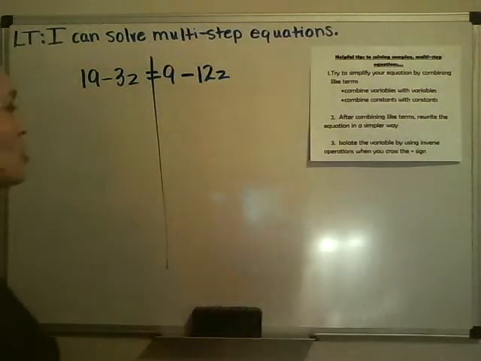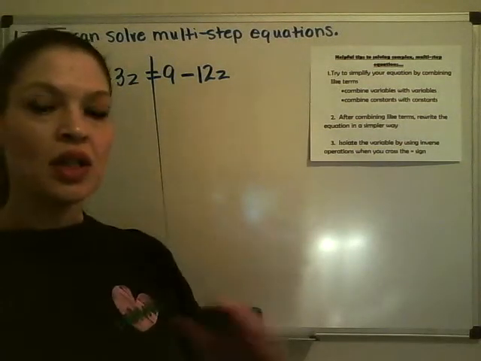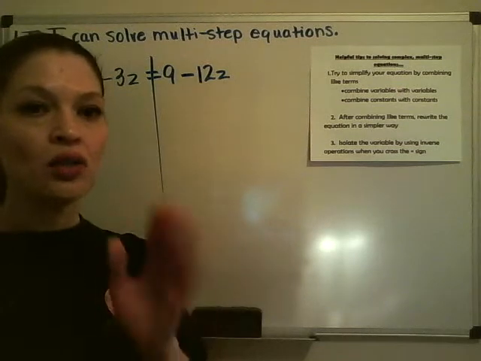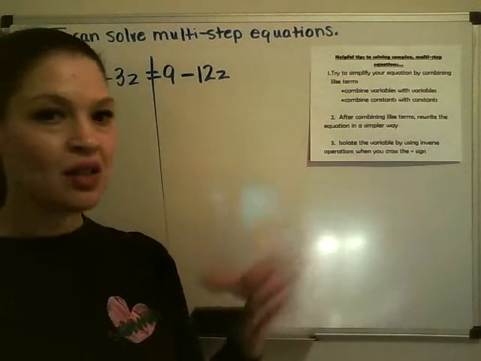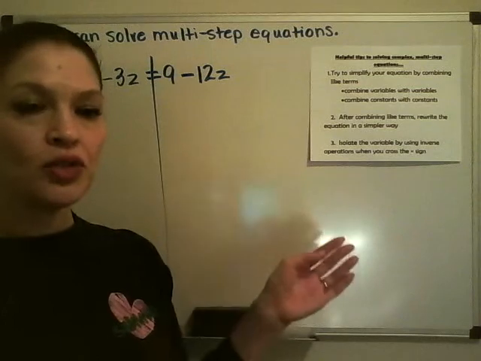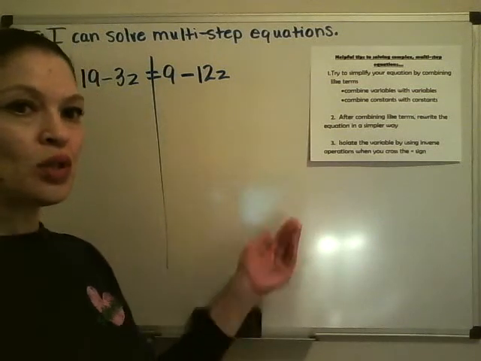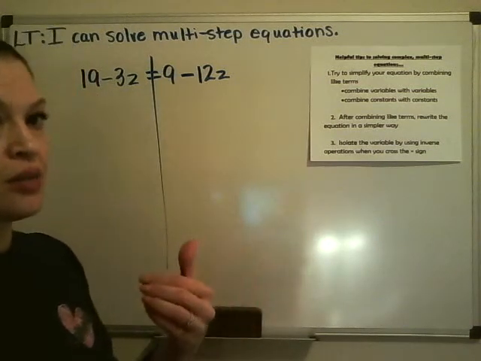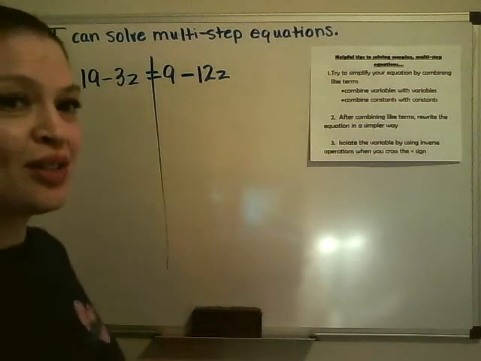Get your line going. Okay, get all of your z's to one side, it doesn't matter which one, and all of your single numbers to the other side. All the single numbers.